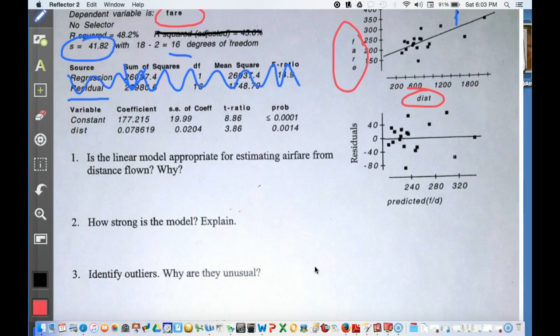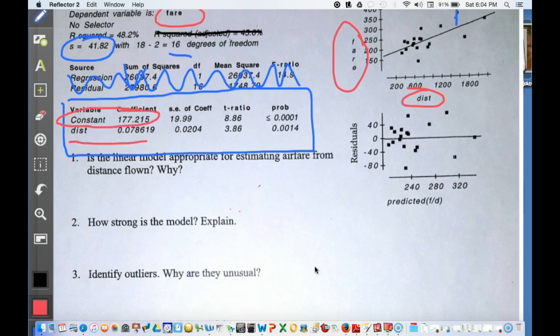If you're lucky, the computer printout they give you will just have this box. When you look at this box, there's a lot of stuff you don't know, but you will by the end of AP Stats. What you need to focus on are two things. You need to focus in on the constant and the number below it.